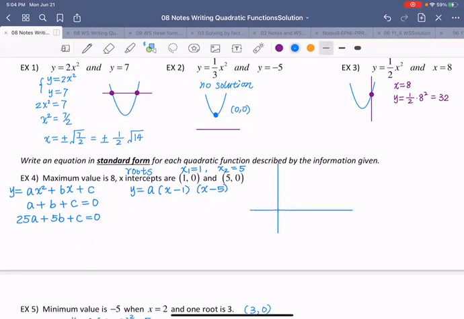Maximum value means your parabola is opening down. You have 2 roots, one at position 1 and one at position 5, and the parabola opens down. Now your parabola is like this. This point has a maximum value of 8.